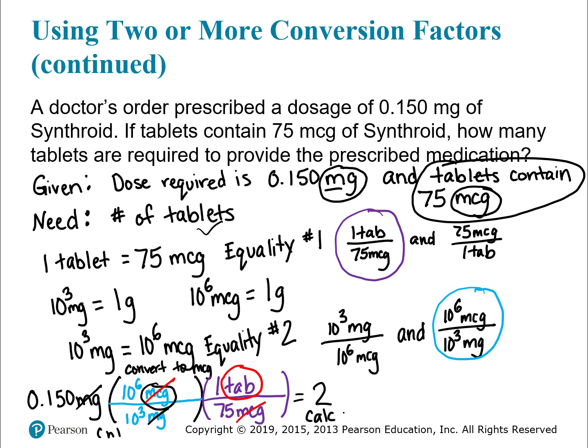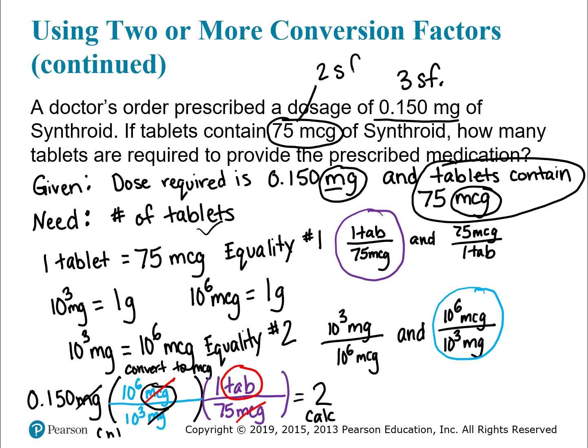is 2, okay? But we need to go and look at the problem to see what do we need to do in terms of sig figs. We have the dosage, which has 3 sig figs, and we have the amount of medication that each tablet contains.